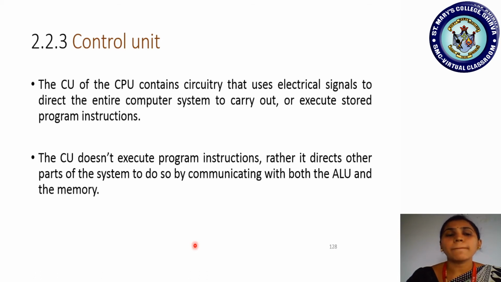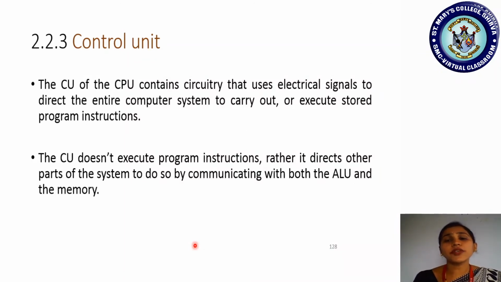It means they have such a circuitry which makes use of electrical signals to tell the computer how to manage the input signals or the incoming data, how to give back the information, the output, or how to execute the stored set of program instructions.